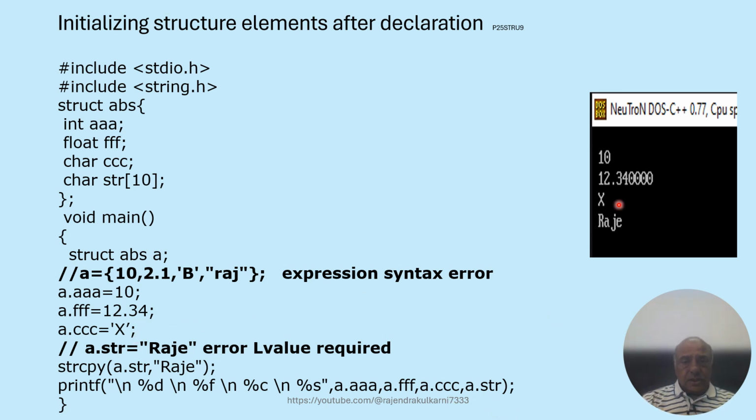A.ccc contains X, and A.str contains Raje. So this is how we can initialize a structure element after its declaration anywhere in the program.